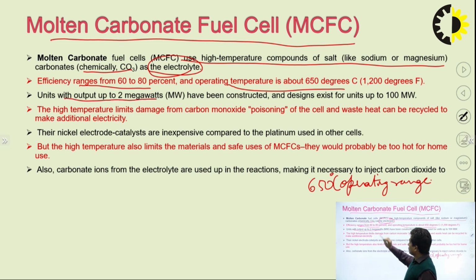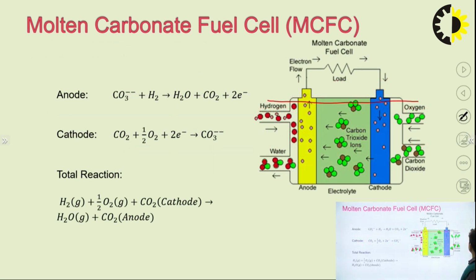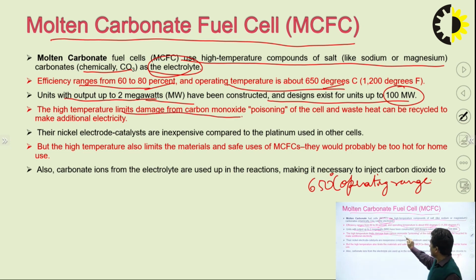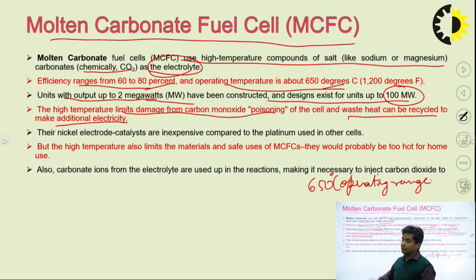Units with an output of 2 megawatts have been constructed, and designs exist for units up to 100 megawatts. I suppose that is why the efficiency is high as well as the temperature, due to the large application, the generation of electricity. The high temperature limits damage from carbon monoxide poisoning of the cell, and waste heat can be recycled to make additional electricity.